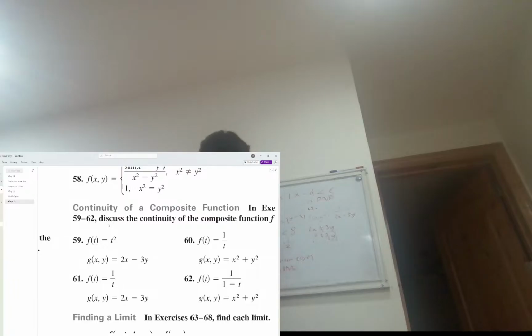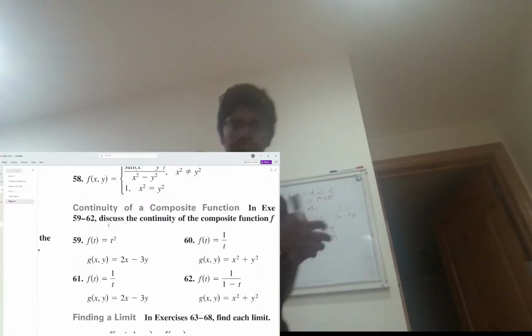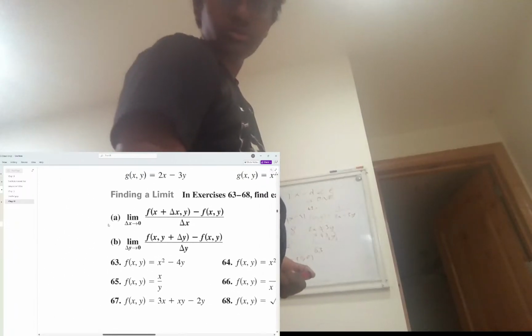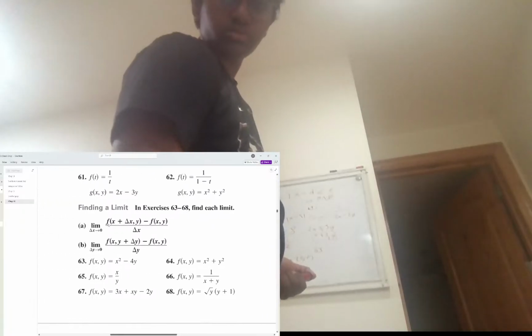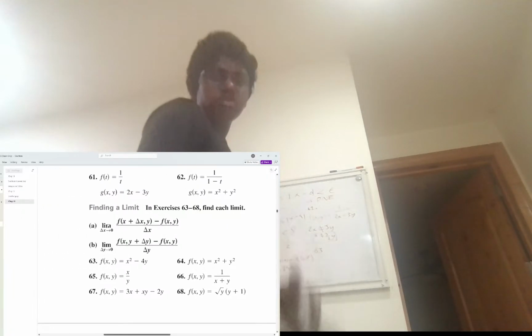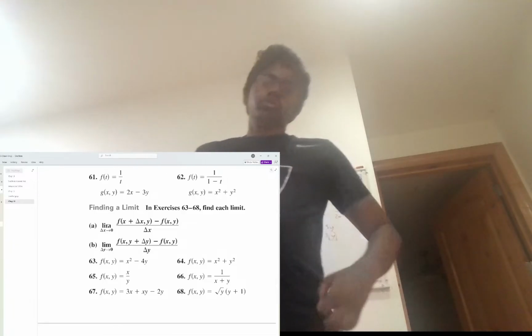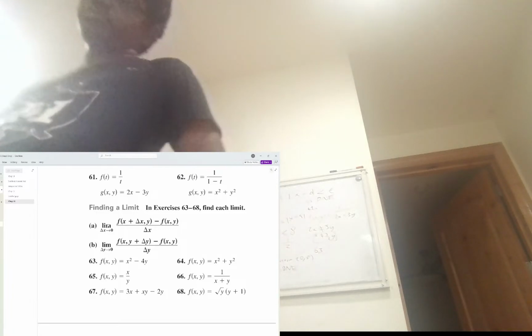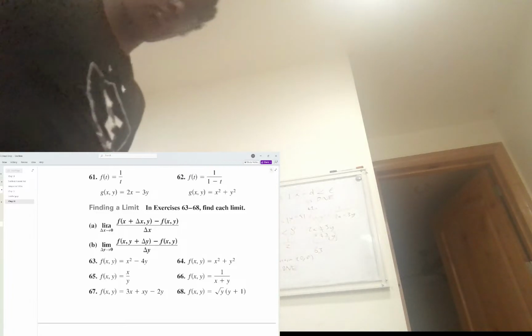For the final statement, let's just do 63 really quick in the corner. Find each limit. Ugh. You find the x limit and the y limit for these 63, right?